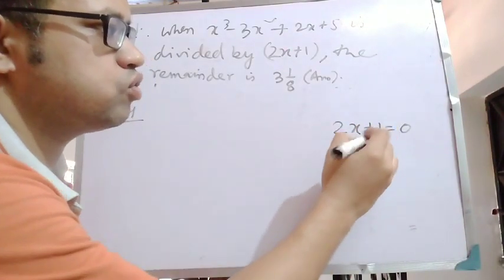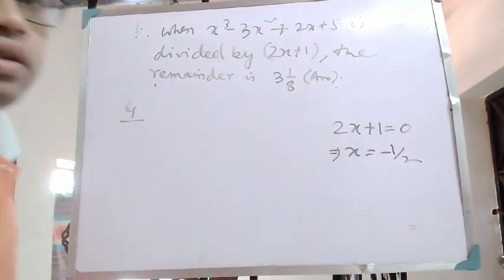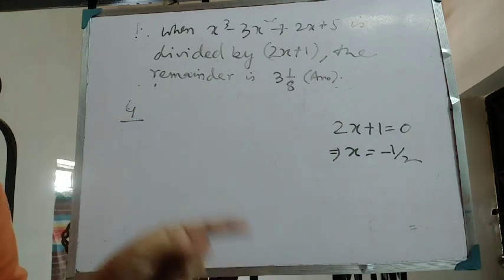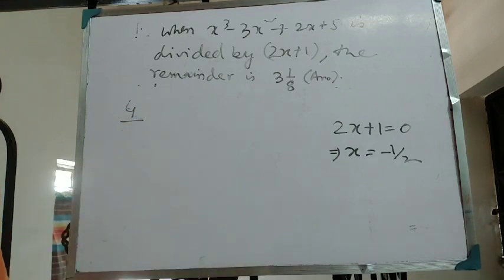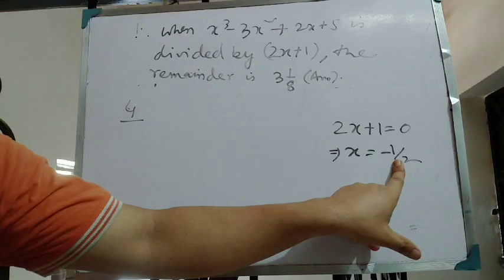Now you have to write: if 2x plus 1 equals 0, that gives x equal to minus half. You have to know the statement of the theorem: 2x plus 1 will be a factor of the given expression if f(minus half) equals 0.